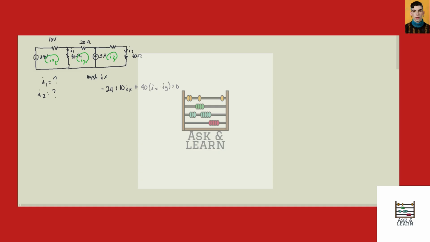Now, we could write a super mesh that goes from the second and the third loops here. We could label it in red for the super mesh.